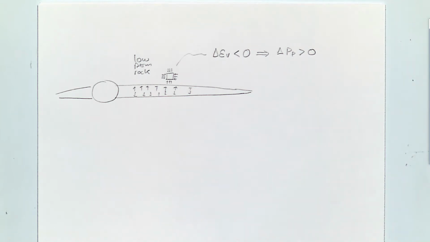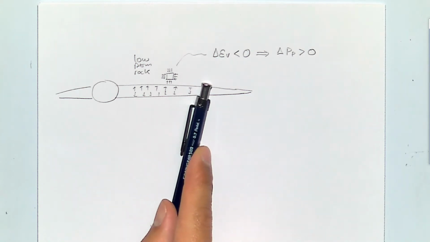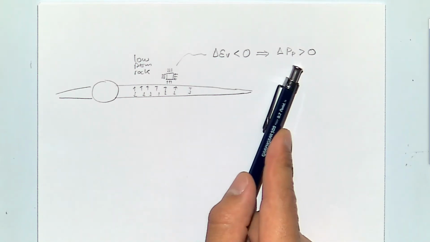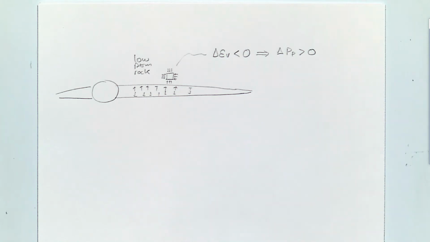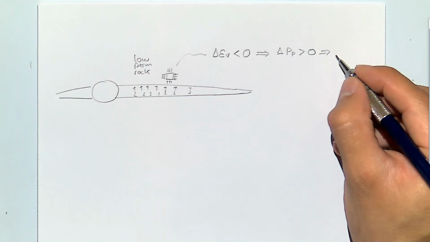So by deforming the material next to a fracture, you can be inducing increases of pore pressure. And if you increase pore pressure, what's going to happen to effective stresses? Effective stresses are going to decrease.